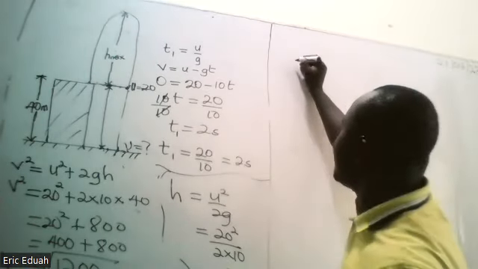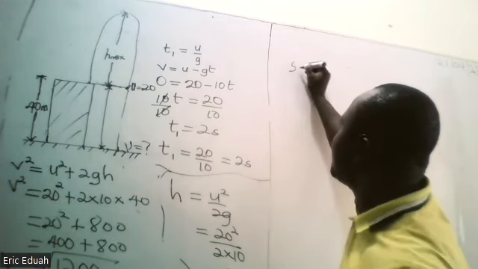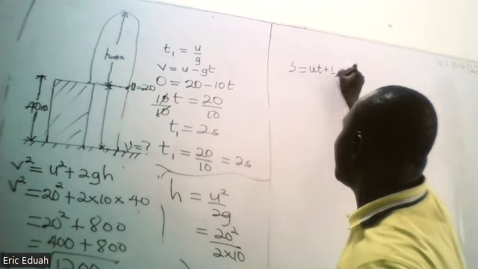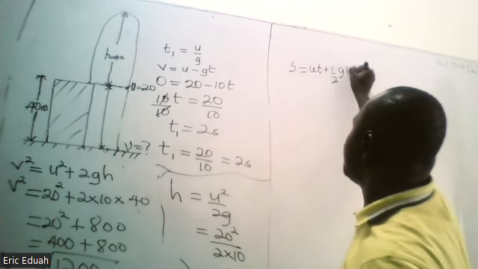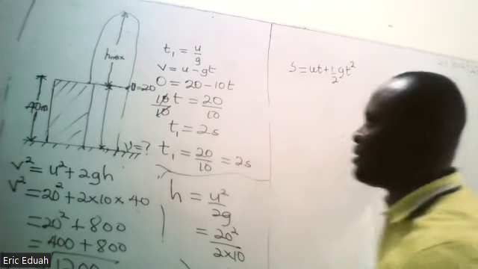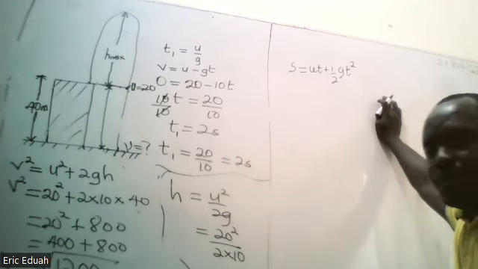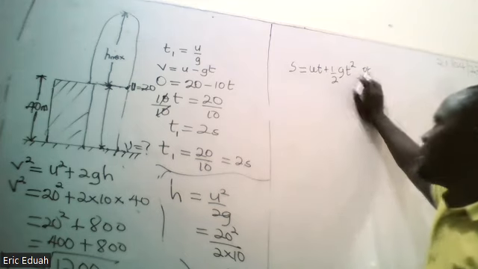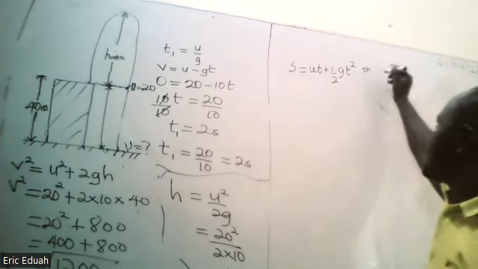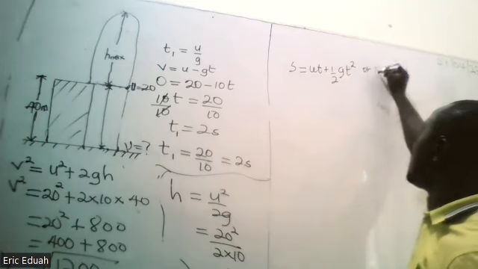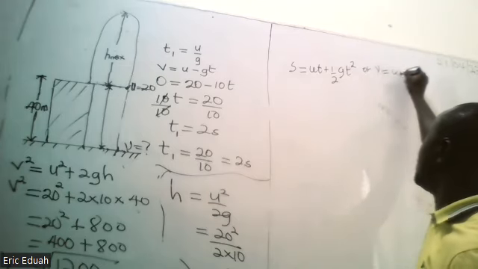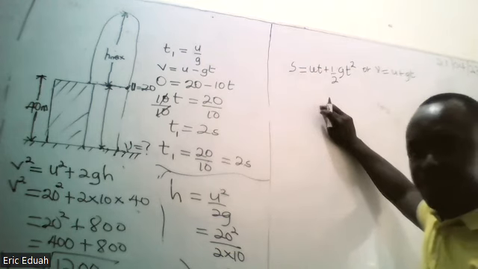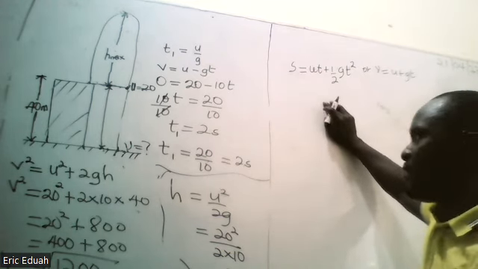So using s is equal to ut plus half gt squared. Or since we are interested in time, we can also use v is equal to u plus gt. And we have to get the same thing.